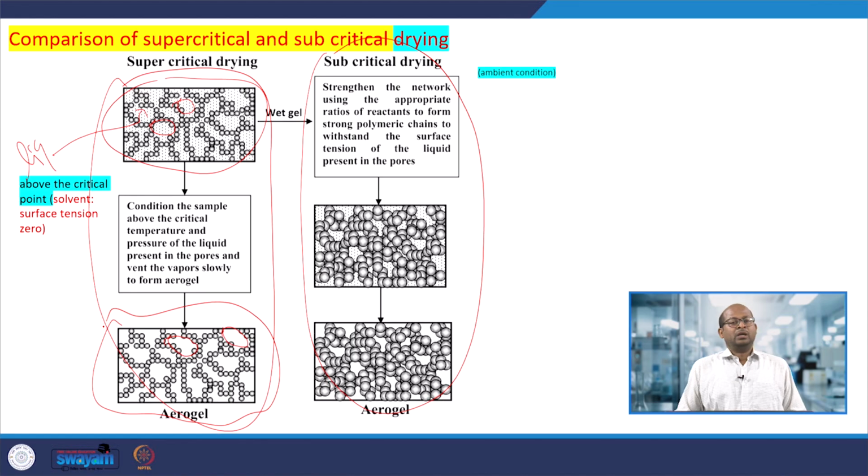These materials possess extremely low, ultra low density. Subcritical drying is similar: once the gel formation is there, in ambient conditions we can remove the liquid present in the pores, and aerogel formation occurs.